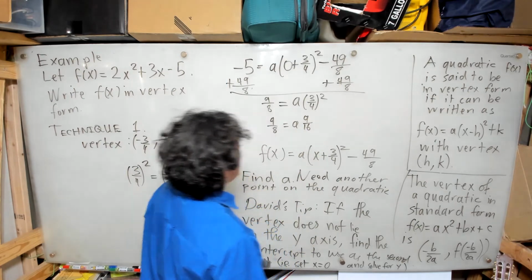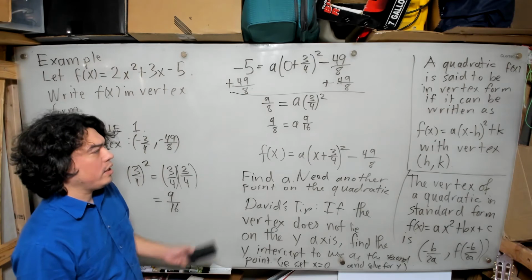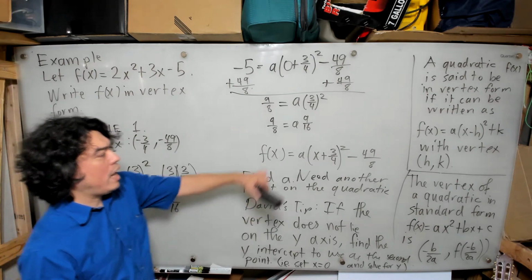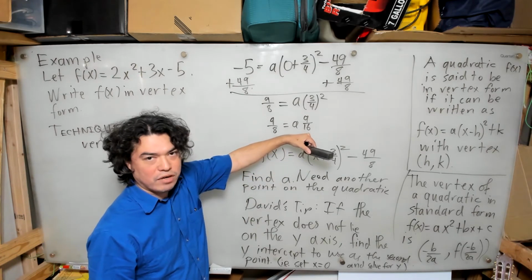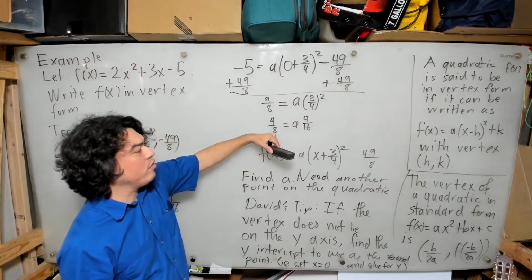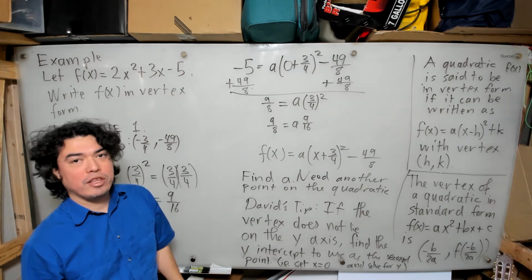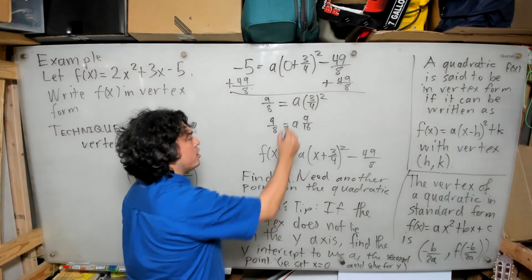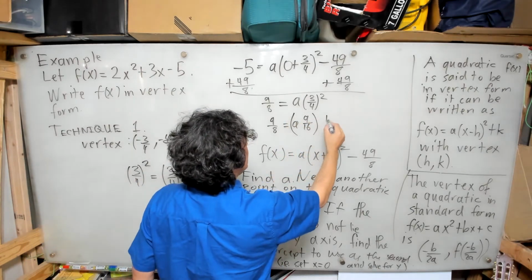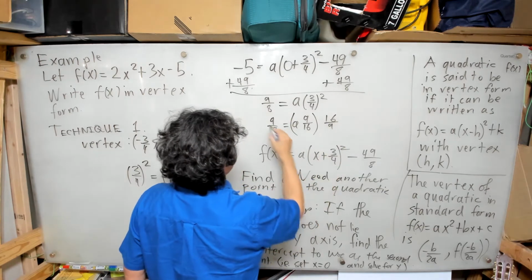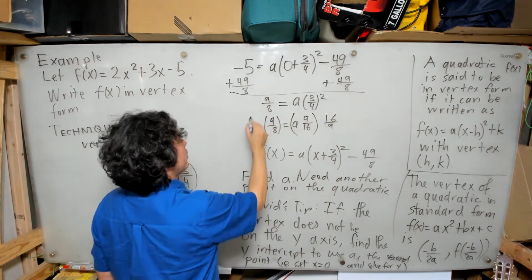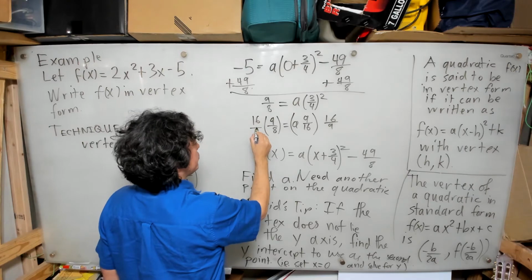How do I isolate the a? I could divide by 9 over 16 on the right and on the left, but I could also say multiply by the reciprocal of 9 over 16, because dividing by a fraction is the same as multiplying by its reciprocal. If I do that on the right, I have to do that on the left.